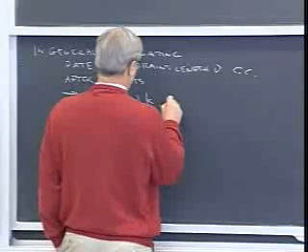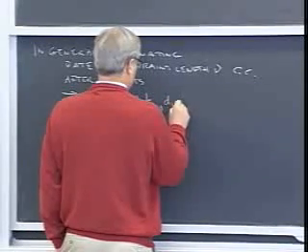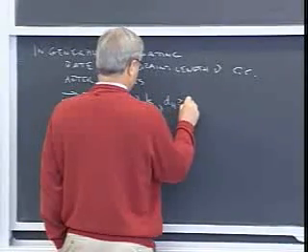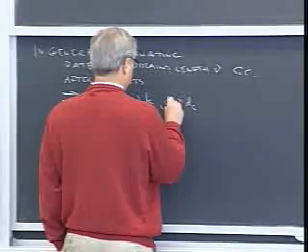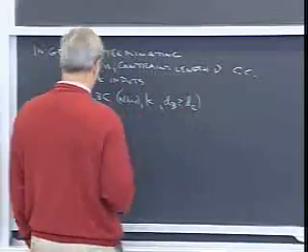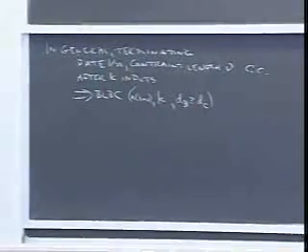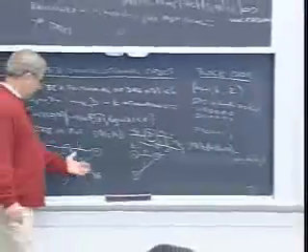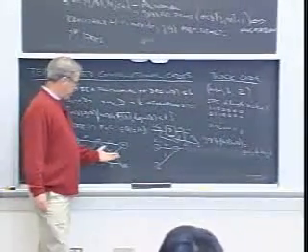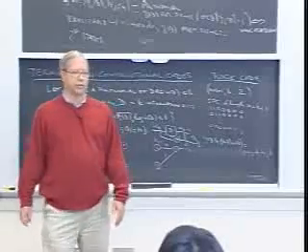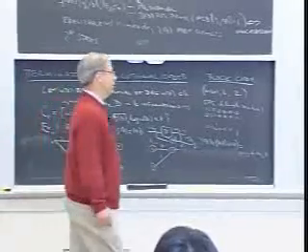And the distance of the block code is greater than or equal to the distance of the convolutional code. Why? Because all of the words in this block code are actually sequences in the convolutional code.